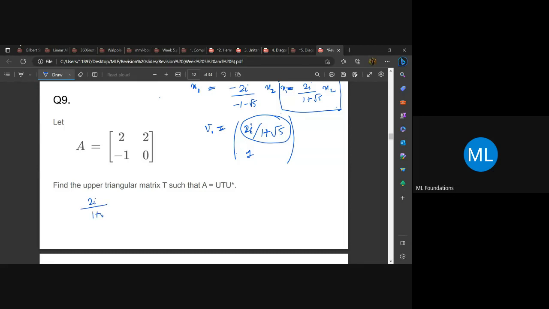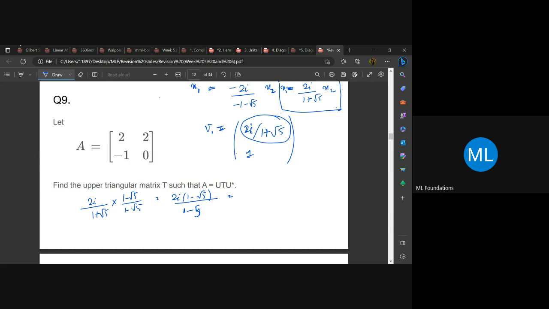Okay, 1 plus root 5 into 1 minus root 5. You get 2i, 1 minus root 5, a plus b, a minus b, 1 minus 5, minus 4. Denominator is minus 4, right? Yes, minus 4.